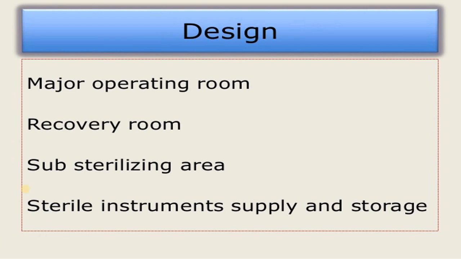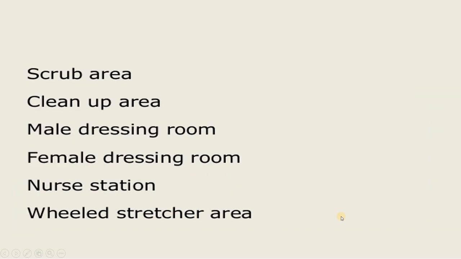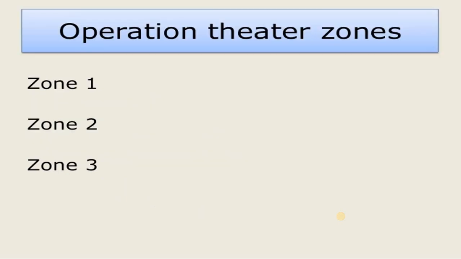Design-wise, yesterday we discussed the major operative room, recovery room, sub-sterilized area, sterile instrument supply and storage, scrub area, clean-up area, male dressing room, female dressing room, and nurse station.